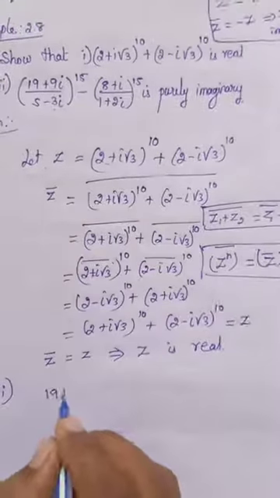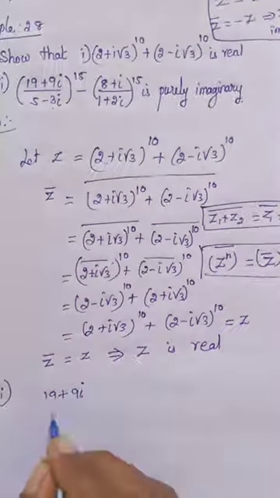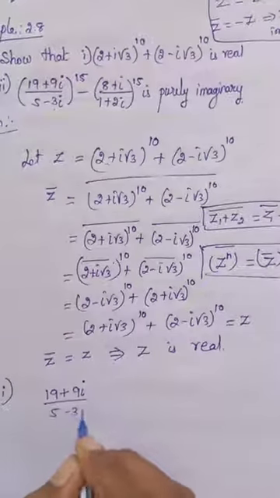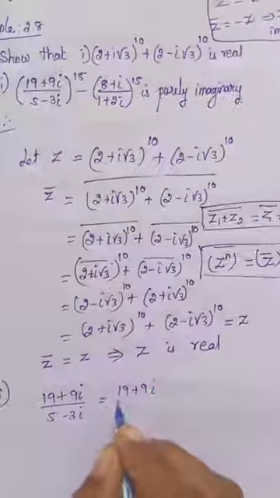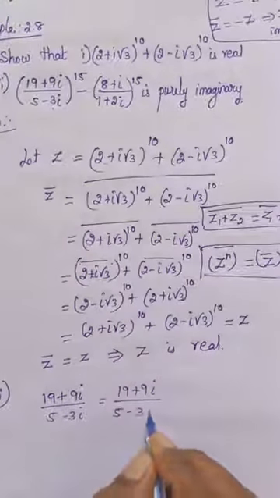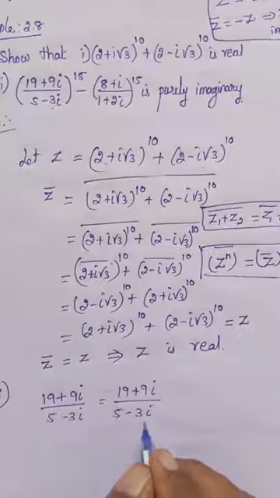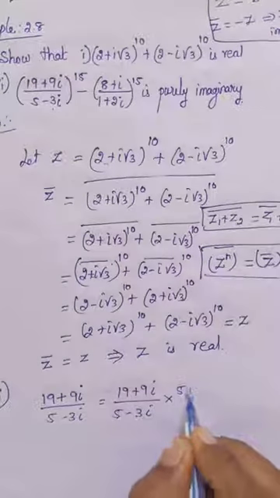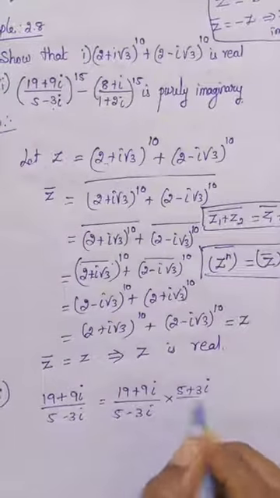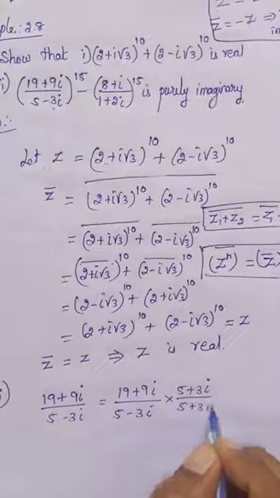I am writing (19 plus 9i) by (5 minus 3i). When we have a complex number in the denominator, we take the conjugate and multiply both numerator and denominator. The conjugate of 5 minus 3i is 5 plus 3i, so we multiply by (5 plus 3i) divided by (5 plus 3i).